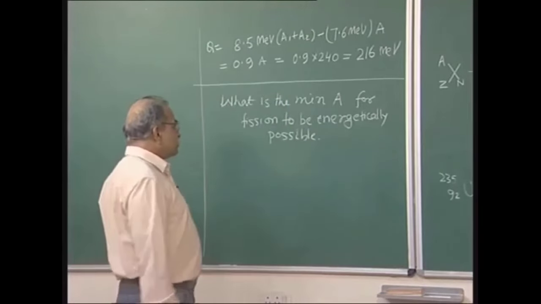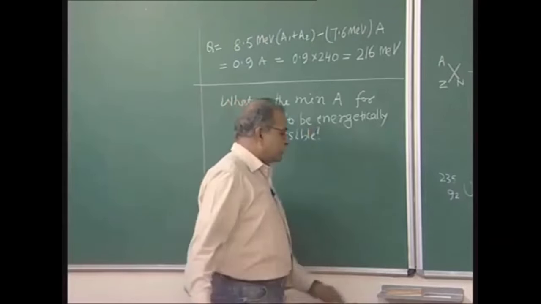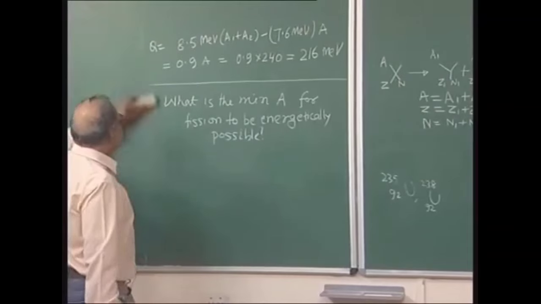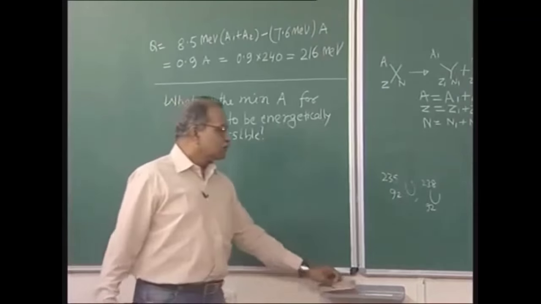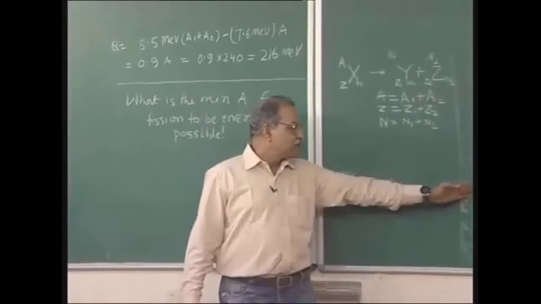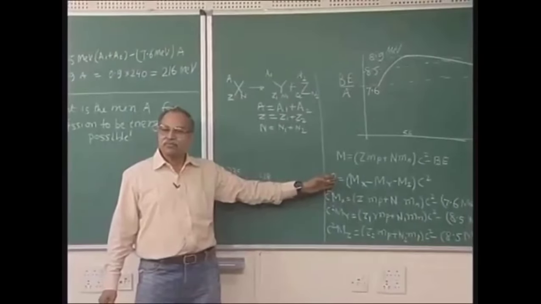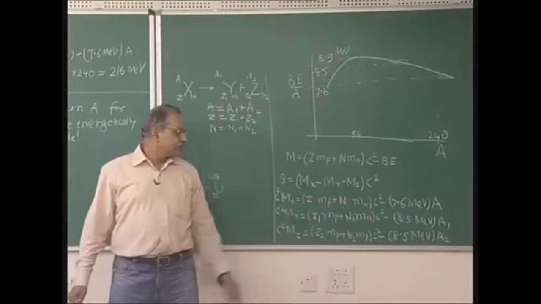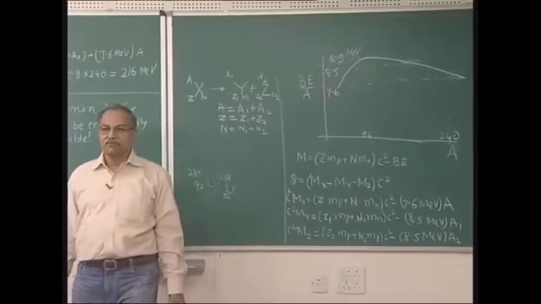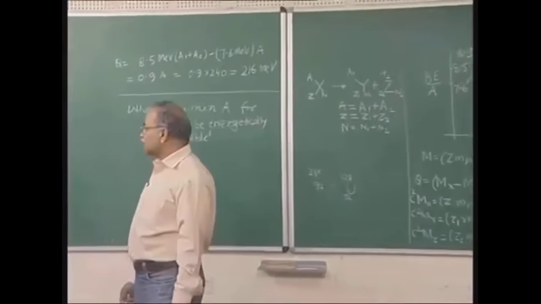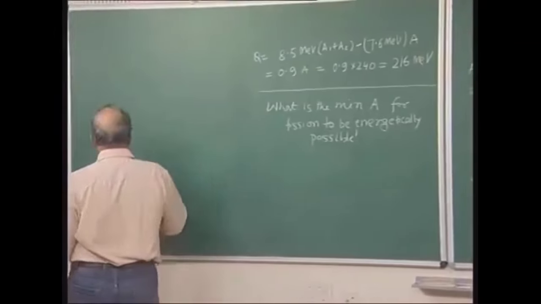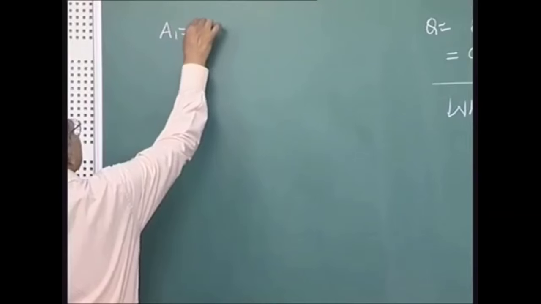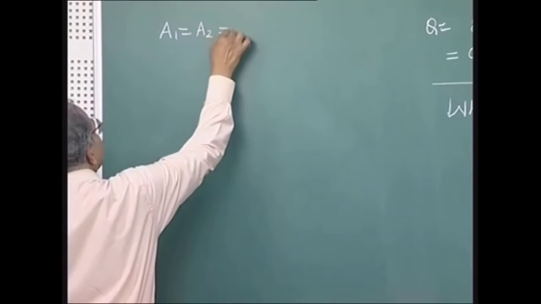If I use this semi-empirical mass formula, we have to look at various contributions to this mass, because we will be looking at this Q value, whether Q is positive or Q is negative. So, all these masses are involved and therefore the binding energies are involved. Now, let us take the case of symmetric fission, A1 equal to A2, that is A by 2.